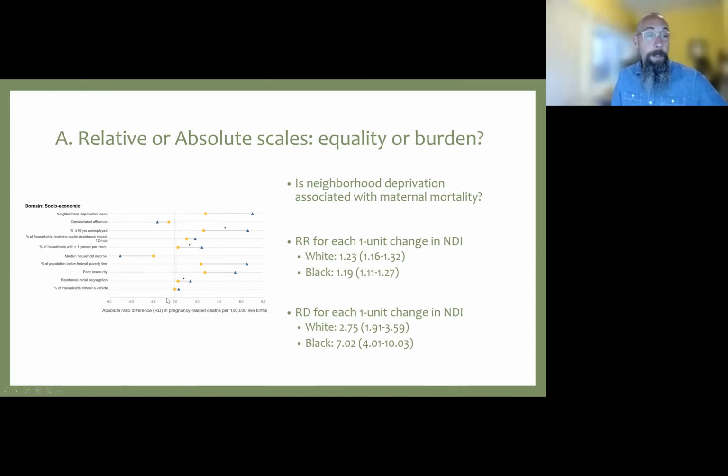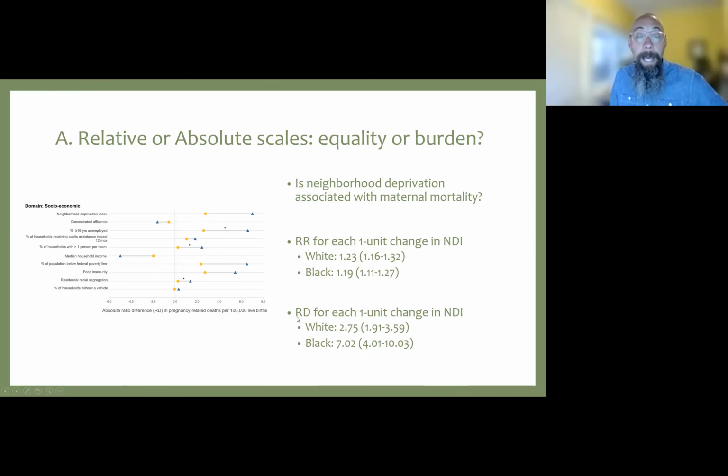So in fact, as we were looking at community drivers of maternal mortality, the neighborhood deprivation index was one indicator, and it looked like, using the ratio scale, that it was more important for white women. It increased the risk. Each 1 unit increase in neighborhood deprivation increased her risk of pregnancy mortality 23%, but for Black women, somewhat less.